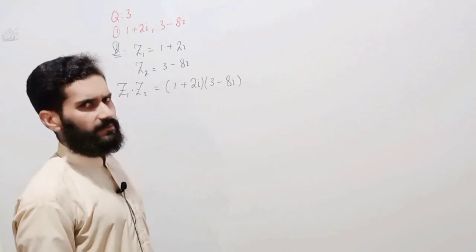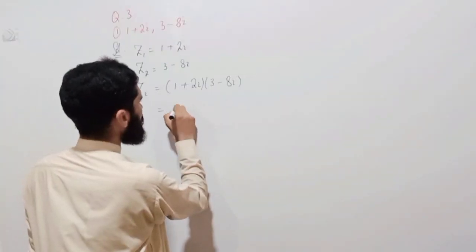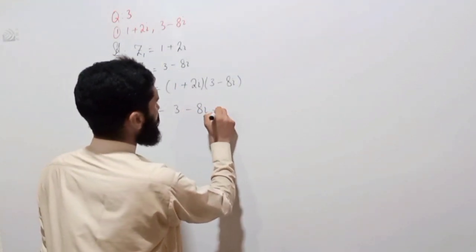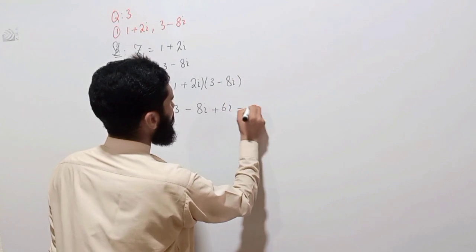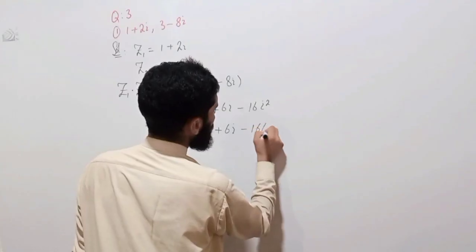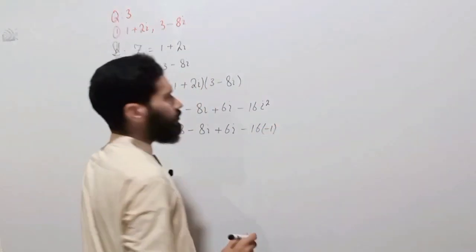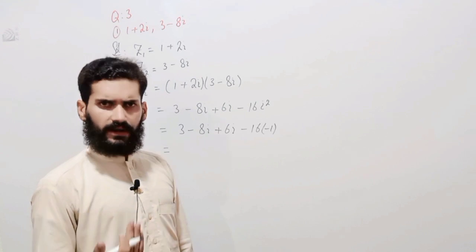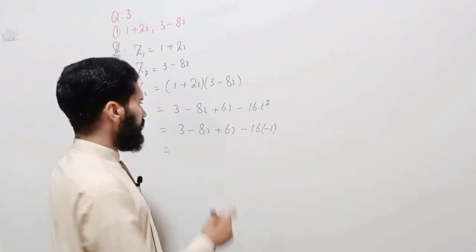So 1 times 3 is 3, plus 1 times minus 8 iota, plus 6 iota, minus 16 iota square. 16 multiplied by negative 1. We know that iota square is equal to negative 1. Real with real, imaginary with imaginary.